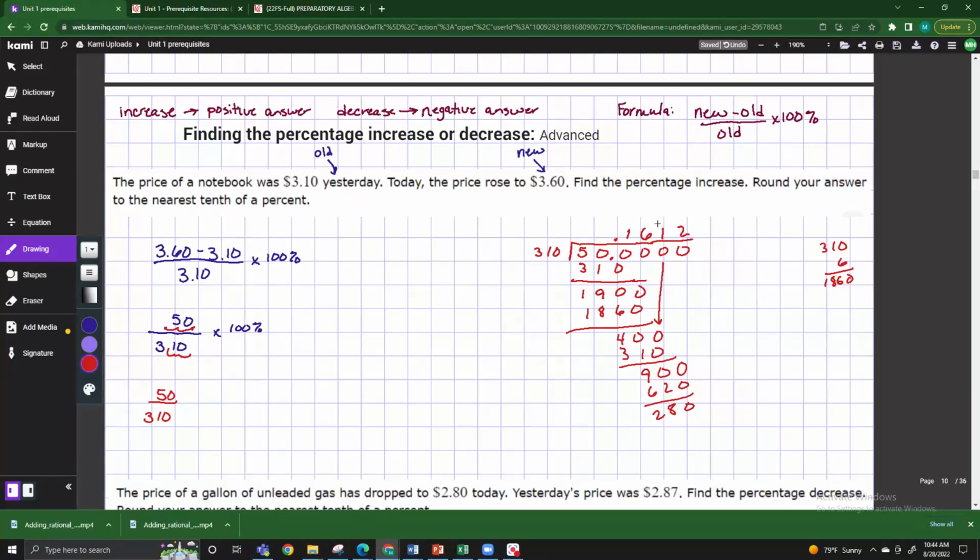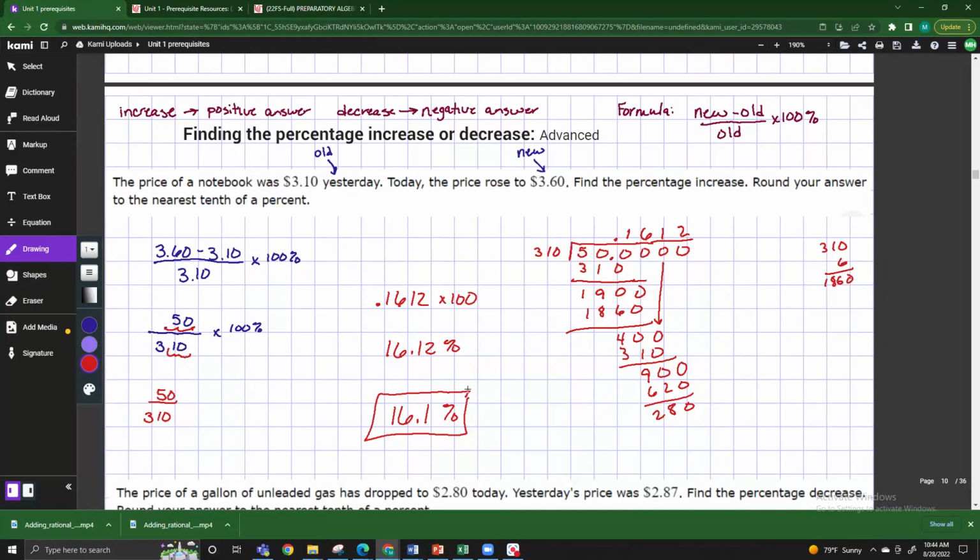All right, so 50 divided by 310 gets me 0.1612. Okay, writing it as a percent, so times 100 gives me 16.12%. And now rounding it, this is going to become 16.1% increase, and it was a positive.